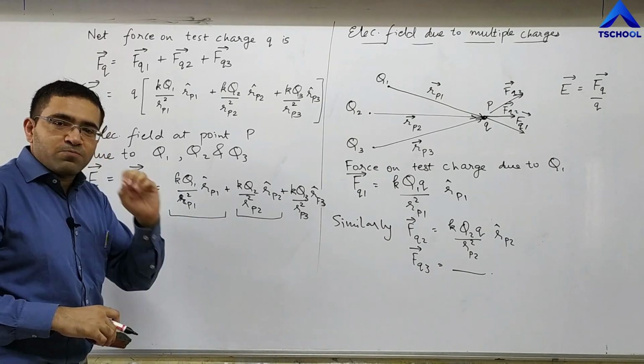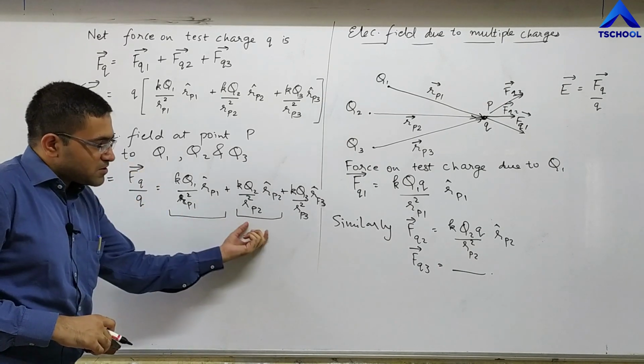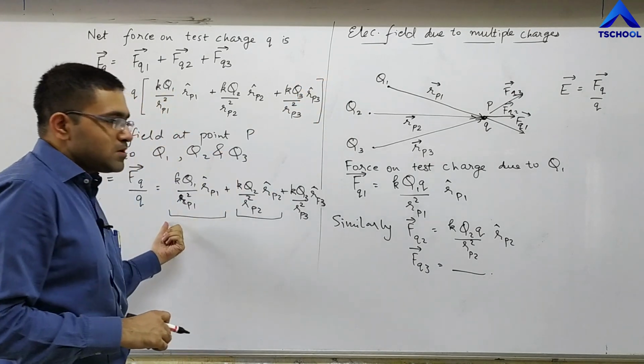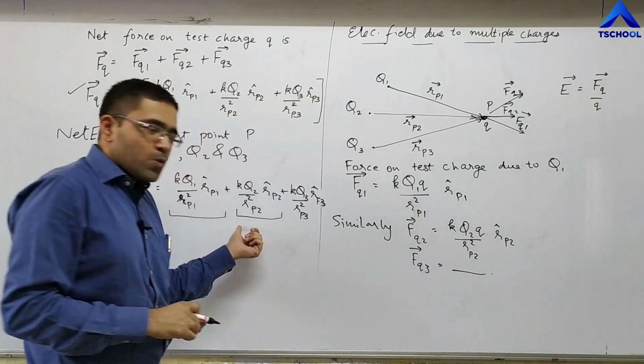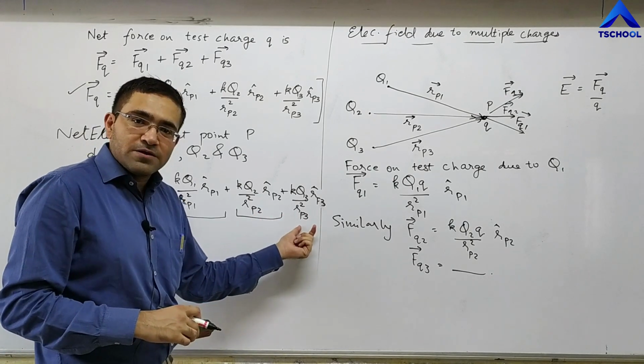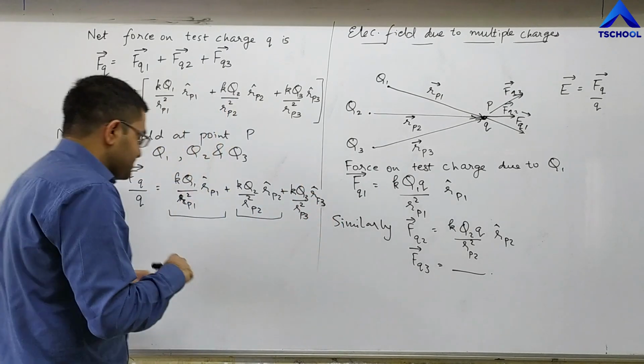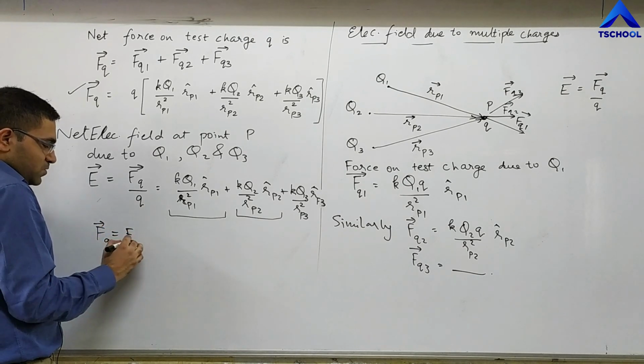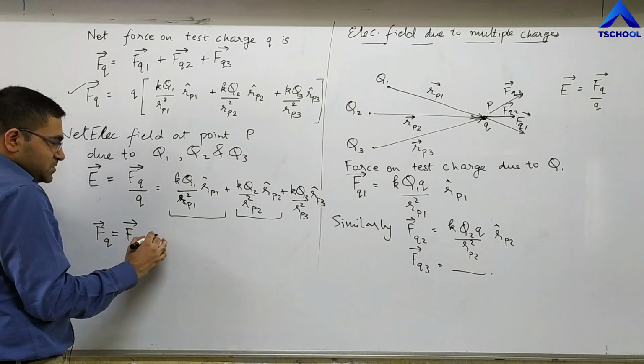All these fields are at point P. So they are the contributions of the individual single charges, Q1, then you do the second one Q2, and then you do the third one. Right? So just like you will say that the net force on Q is as follows.